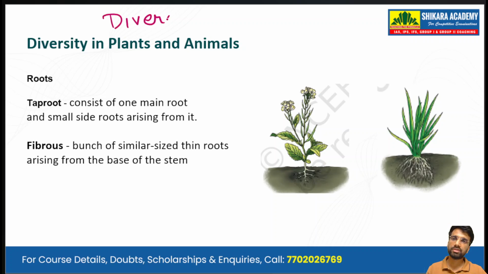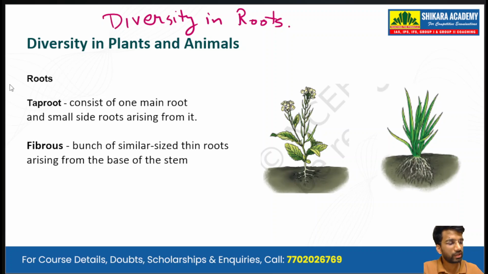Diversity in roots. Not just stem, not just leaves, plants differ in their root systems as well. There are typically two kinds of root systems found in plants. One is tap root system and the other is fibrous root. Tap root consists of one main root and small side roots arising from it.